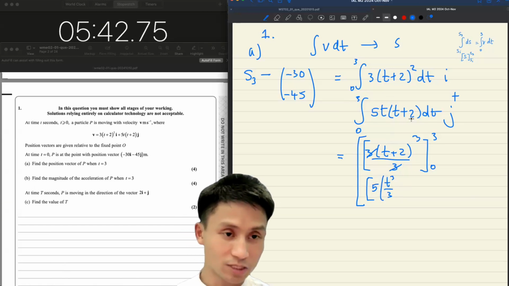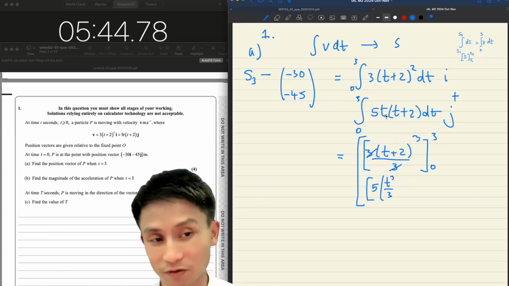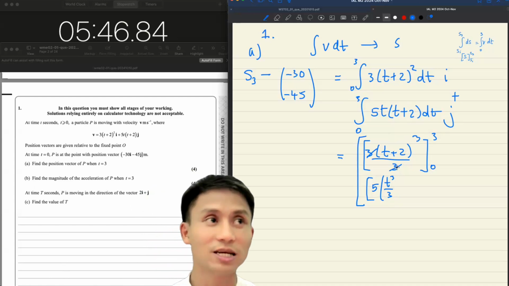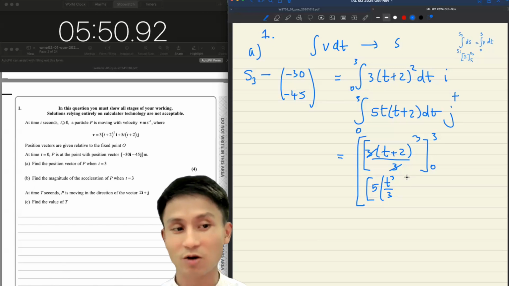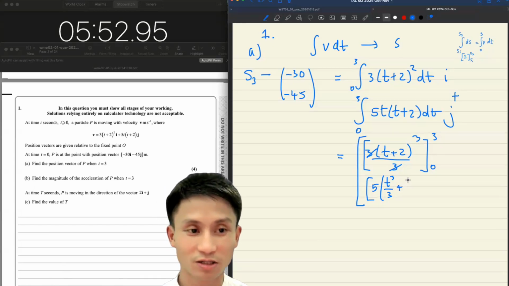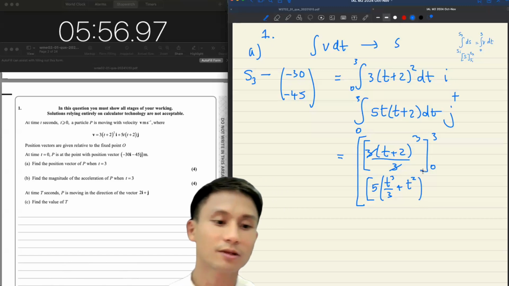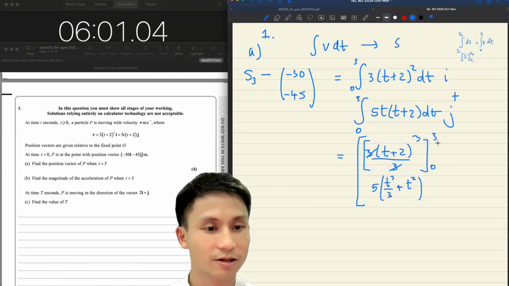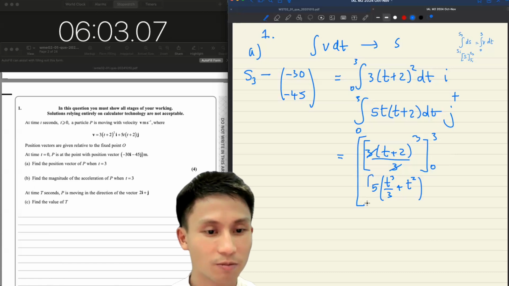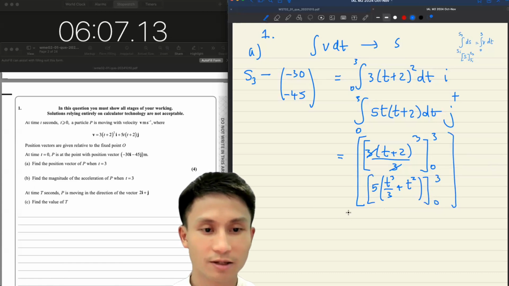If you expand t times 2, you get 2t, and if you integrate that, you get 2t squared over 2, so that's going to give you just t squared, all right? Okay, so that's the component j, with the bounds of also 0 to 3, yeah?